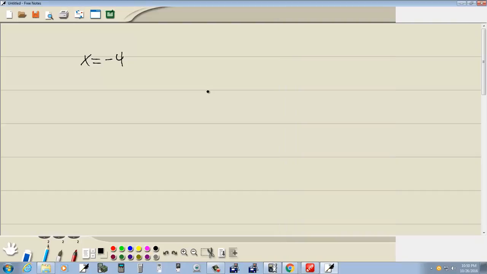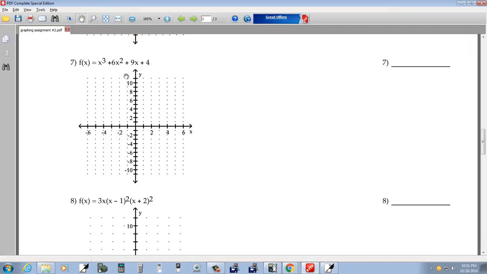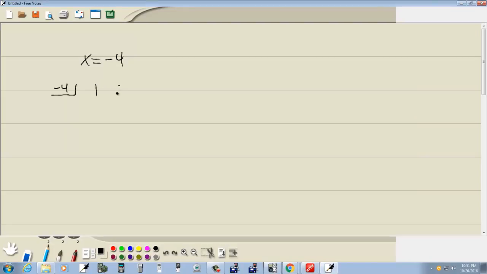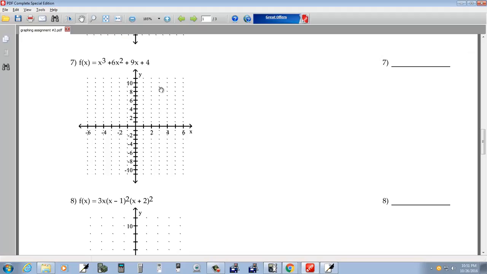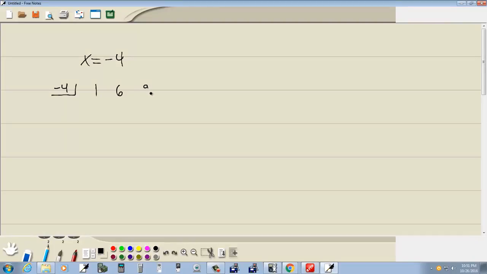Well, let's take what we did get, and we'll plug this into synthetic division. So I got 1, 6, 9, 4. This was x to the third.